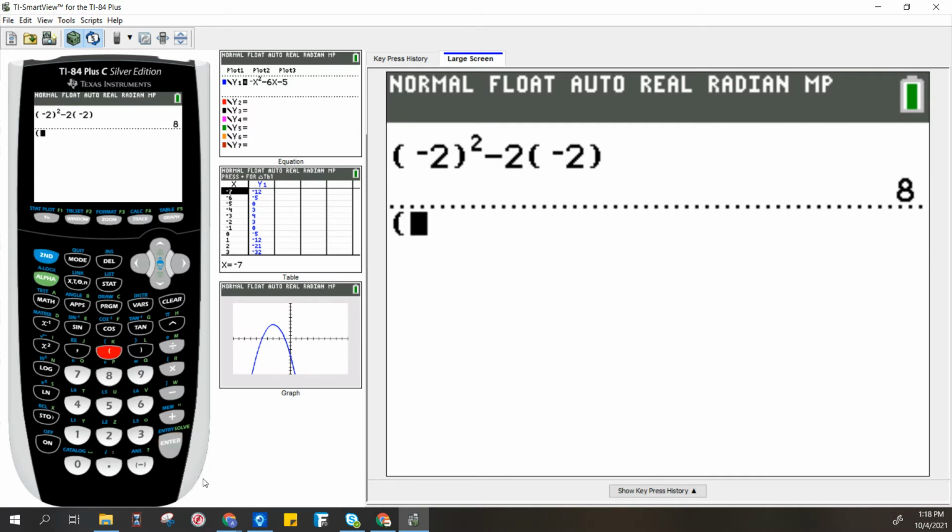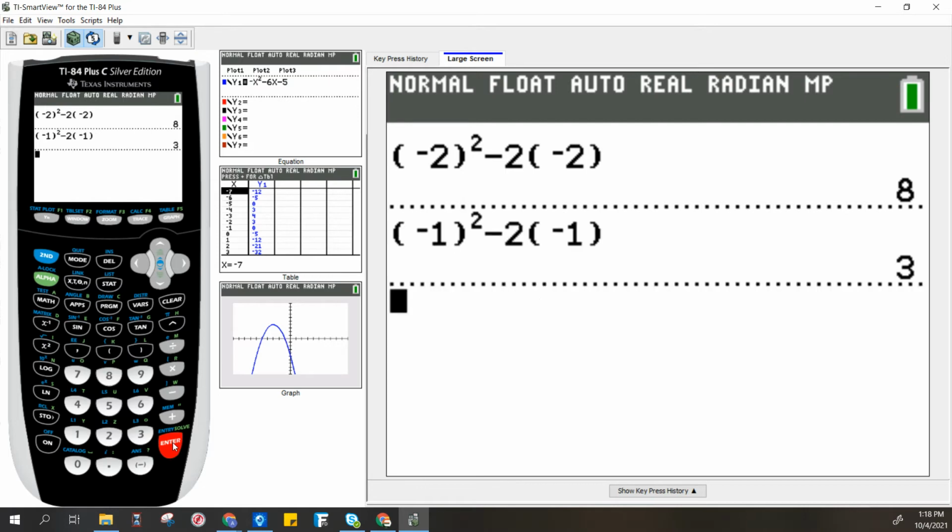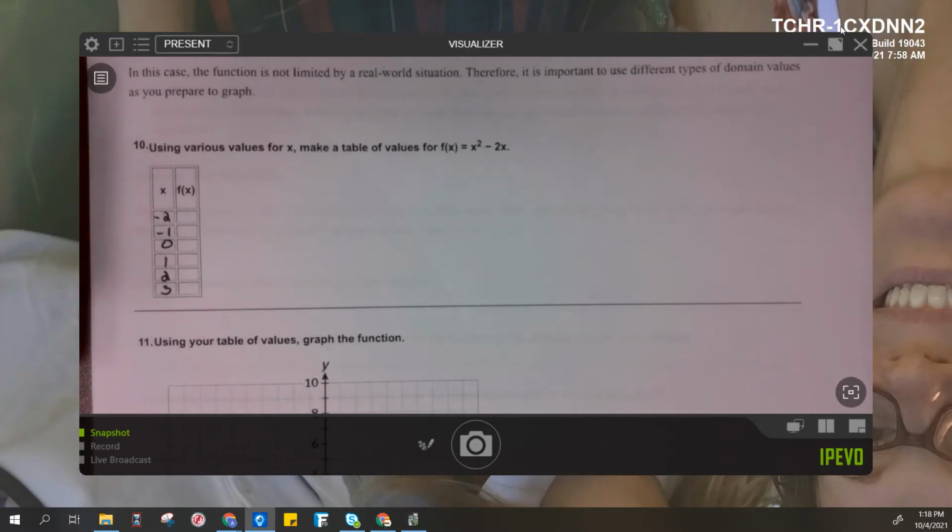Make sure you're using the negative button down there. -1 squared minus 2 times -1, close parentheses, hit enter. You get 3. So you would keep going down with each of those, and I'd plug in 0, then I'd plug in 1, 2, and 3.